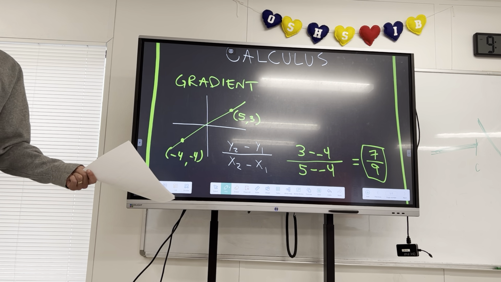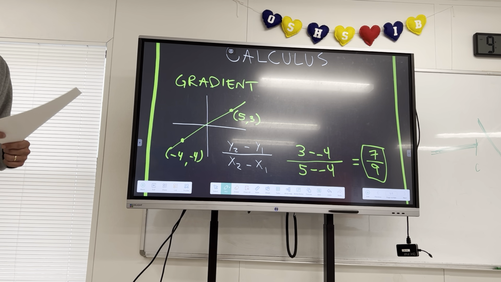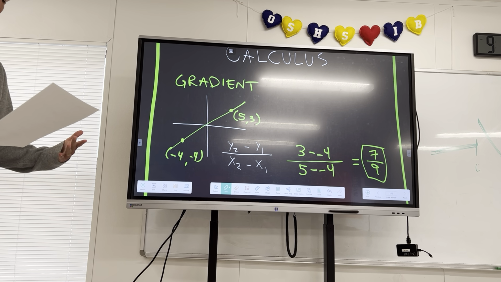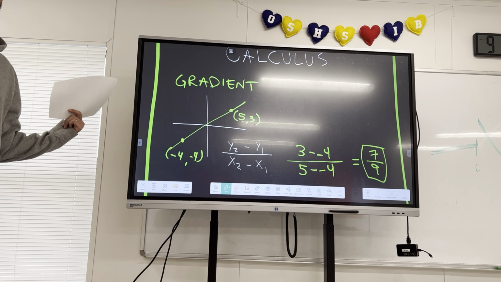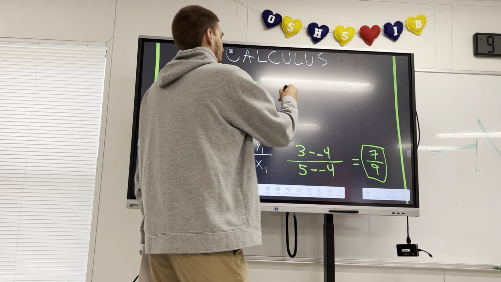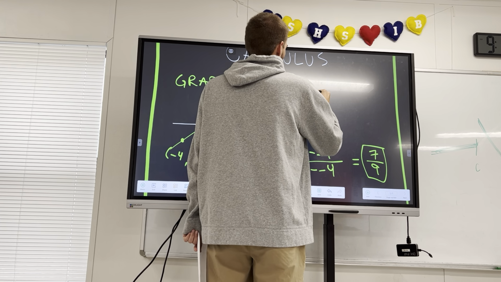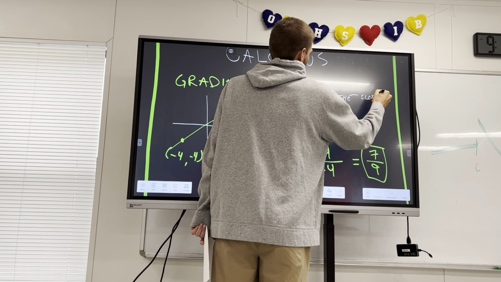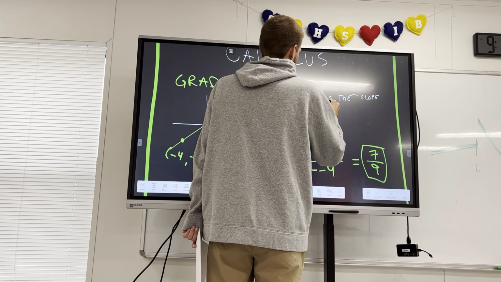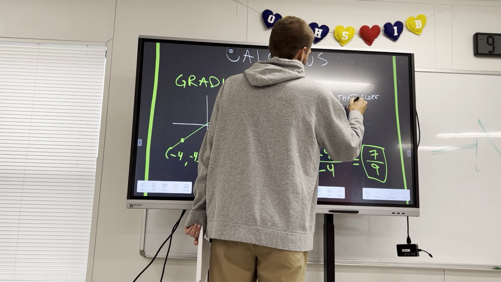So this is gradient, this is slope, this is very easy, kind of boring. And we are able to just say the statement here: what is the slope of the line?